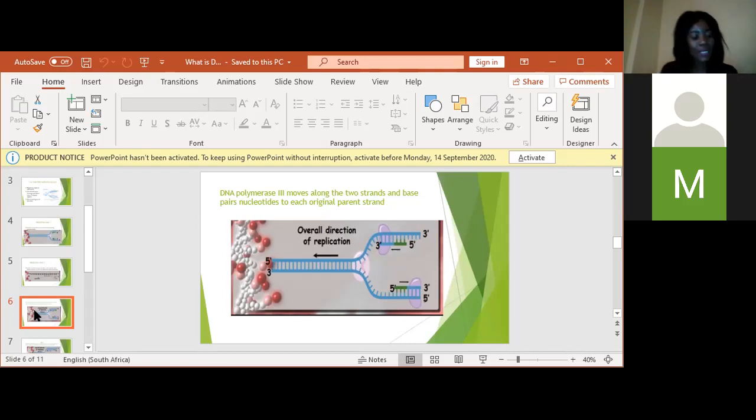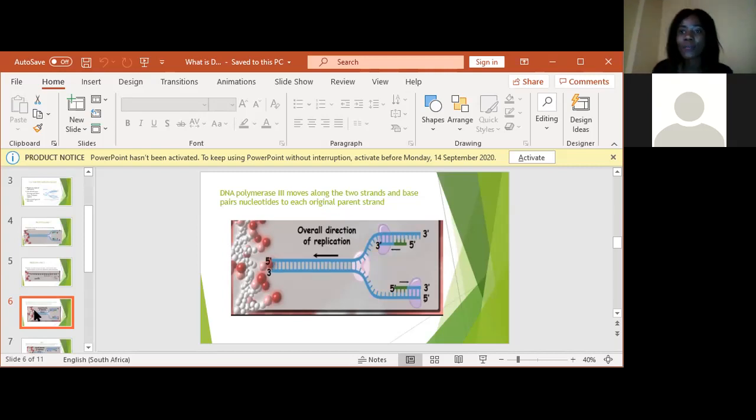Lastly, the enzyme DNA ligase joins the Okazaki fragments together to produce a unified strand. So the resulting DNA molecule consists of a newly formed strand and the old original strand of DNA.